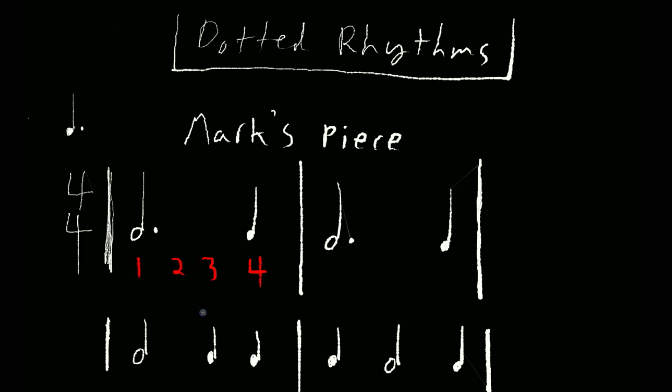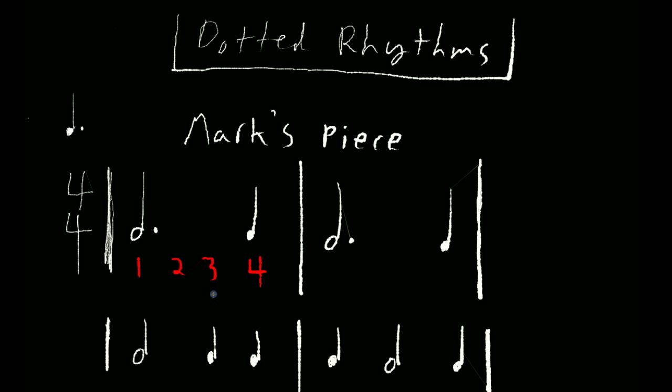But I think it's important to understand that someone might tell you, oh, that piece has a lot of dotted rhythms. It's important to understand that there's a certain character to the sound of a piece that'll have a lot of dotted rhythms like that.